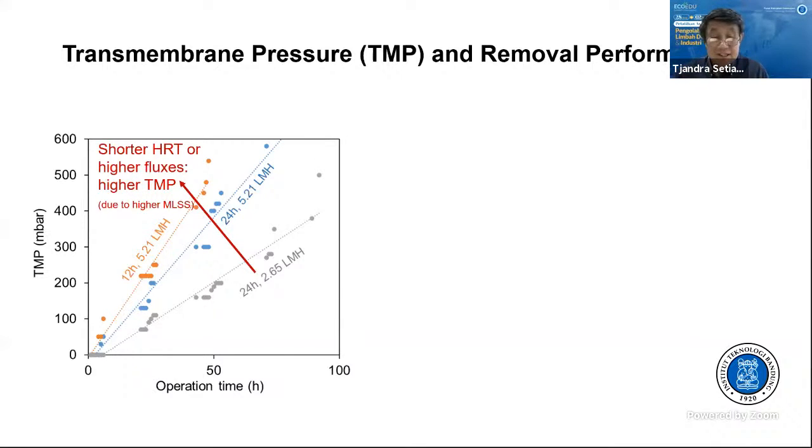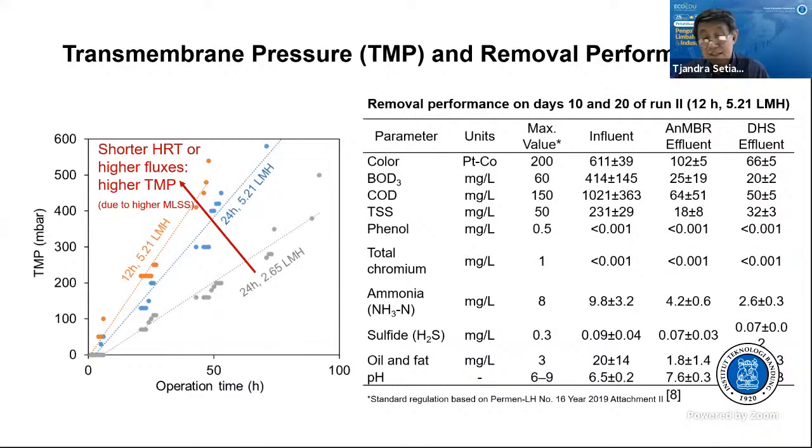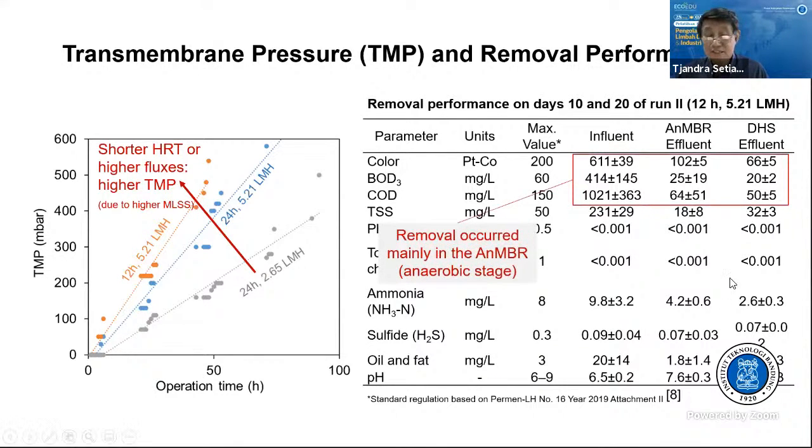Of course, the performance is relatively better, but as you may be aware, the MBR has some disadvantages regarding biofouling. You can see that the color is very good. Most of the color has been reduced in the anaerobic membrane reactor, and then it goes further down to the DHS.